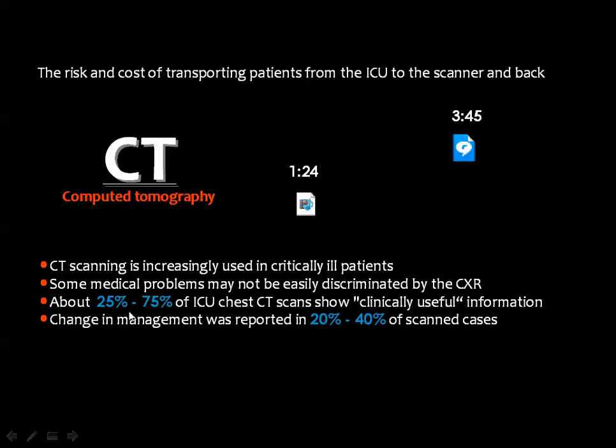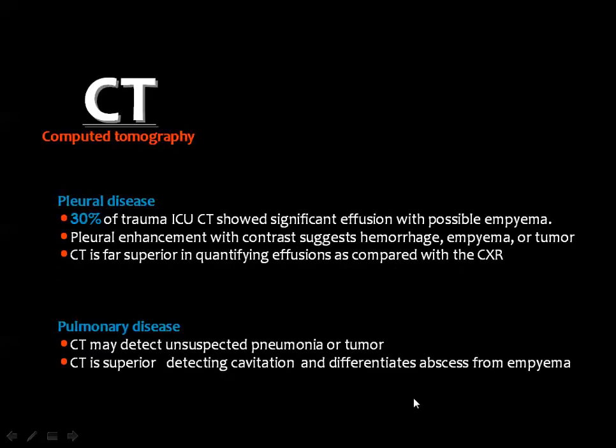About 25 to 75% of ICU chest CT scans show clinically useful information. Sometimes small pneumothorax and changes in the lung parenchyma. Also, the position of some of the tubes can be verified accurately by the use of CT scan. The change in the management was reported in up to 40% of the scanned cases.